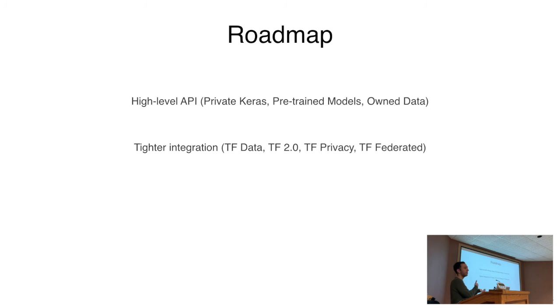So right now we're on TensorFlow 1.x, we want to move to 2. And then TensorFlow Privacy is for doing differential privacy in TensorFlow. And TensorFlow Federated is a particular library for federated learning. So ideally, we would like to unify ourselves with these libraries, or at least make ourselves compatible. And these are being developed by the Brain team, so it does make sense for this all to happen together.